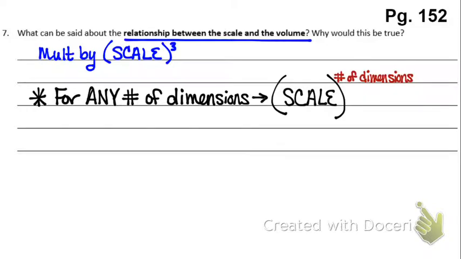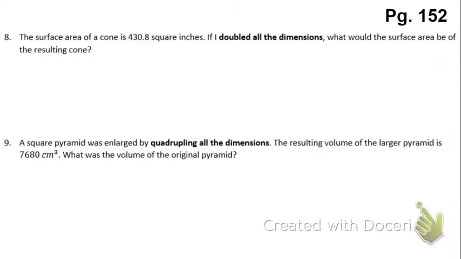All right. I want to apply this to 2 more problems and call it a day. And tomorrow I'm going to give you some time to experiment around with these ideas, and you're going to extend it a little bit further through some exploration. So I've got 2 problems down here. I know the surface area of a cone is how big? 430.8 square inches. When I'm talking about surface area, how many dimensions are we talking about? 2.